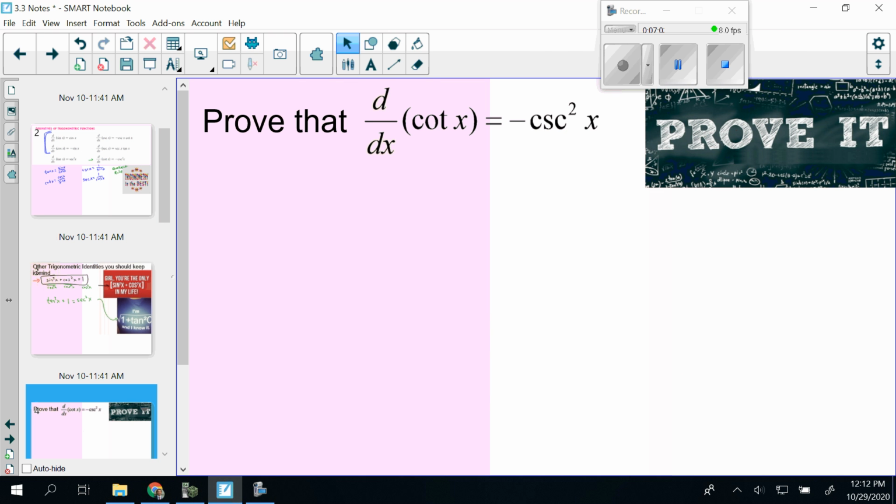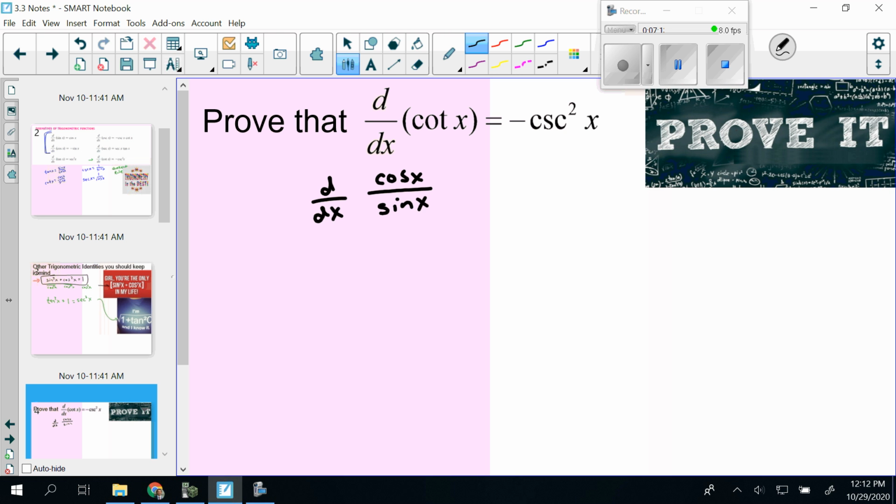So what we're going to do is, instead of finding the derivative of cotangent, we're going to find the derivative of cosine over sine, because that's what cotangent's equal to. So let's apply quotient rule to that.